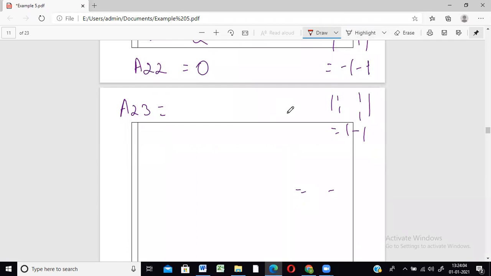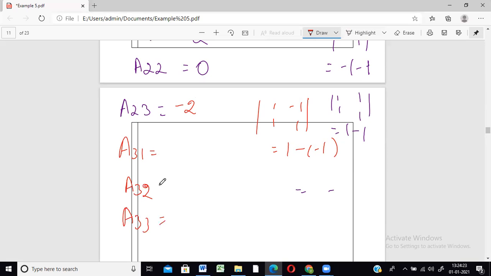So for A23 we have 1 1 minus 1 and 1. So its answer is 1 ones are 1 minus of this is minus 1. So the answer is 2 actually, but we know that the sign is going to change, so it will be minus 2. Let me quickly write it for A31, A32, A33.